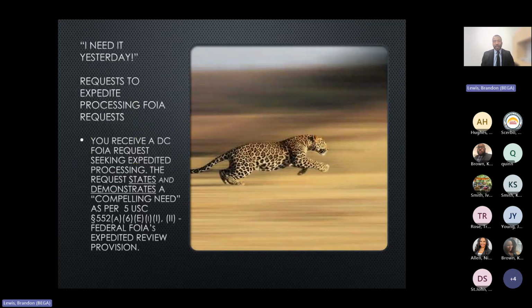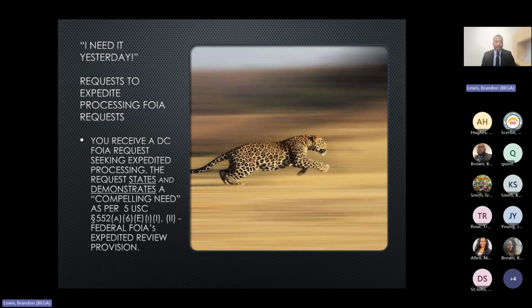I need it yesterday. Request to expedite processing of a FOIA request. You receive a DC FOIA request seeking expedited processing. The request states and demonstrates a compelling need as per 5 USC section 552(a)(6)(E)(i) and (iii).